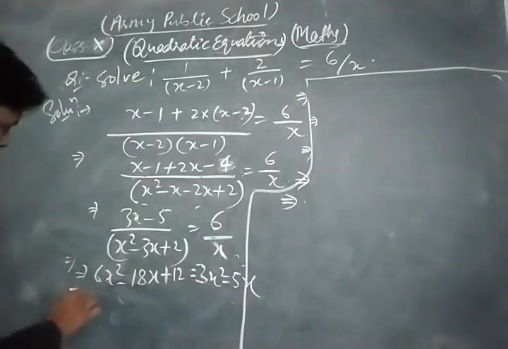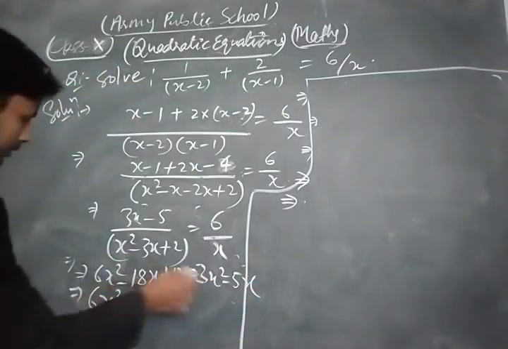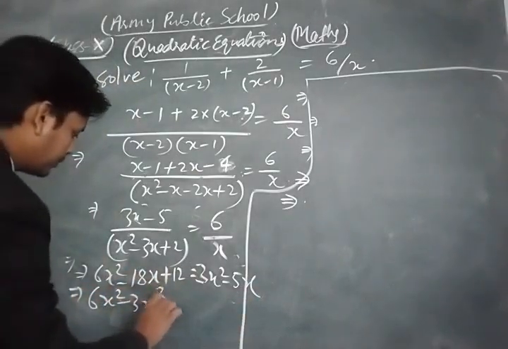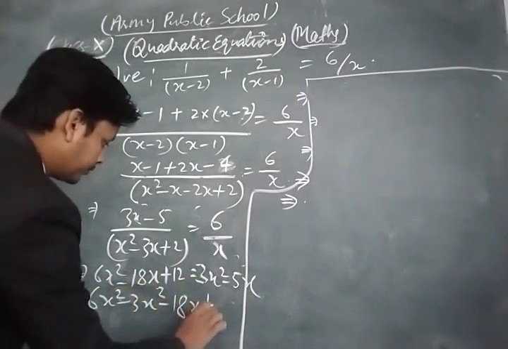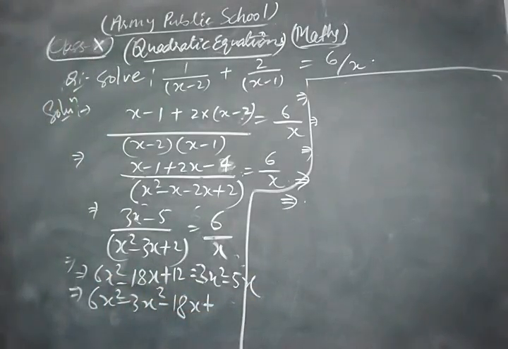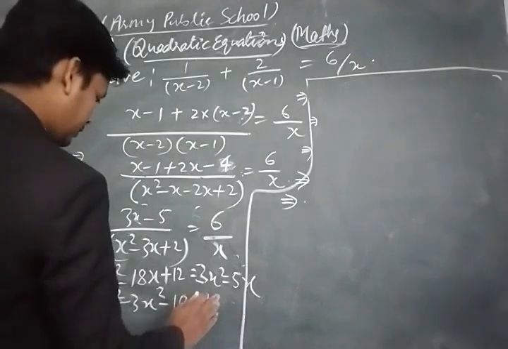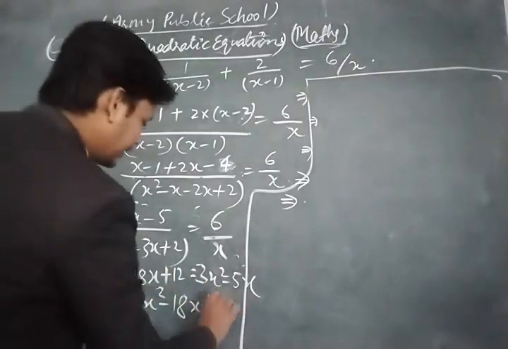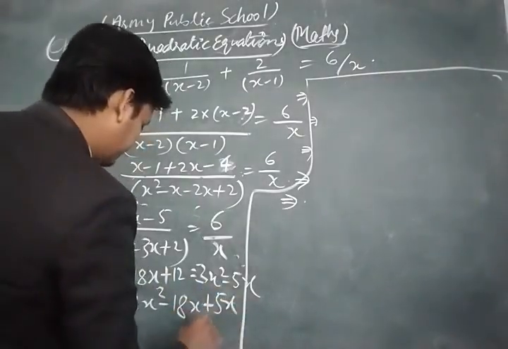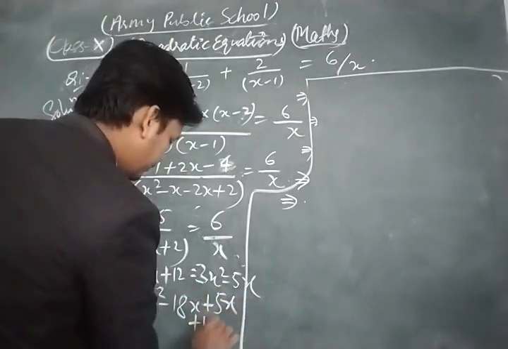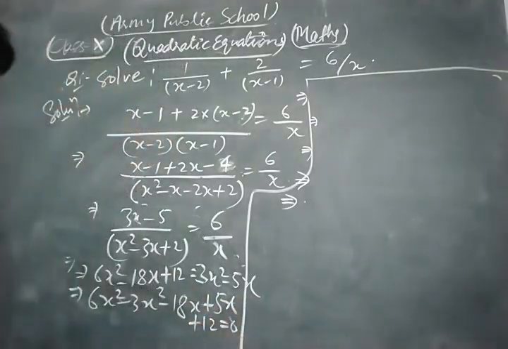Now we collect the like terms. So this is 6x square, minus 3x square, minus 18x, and here minus 5x. Transfer that side to plus 5x and plus 12 is equal to 0.